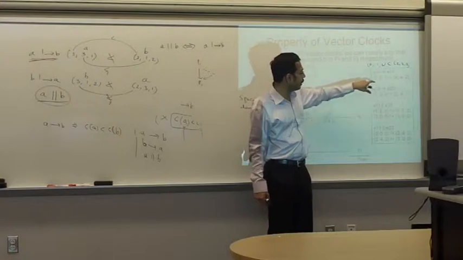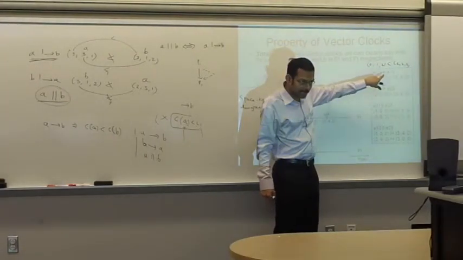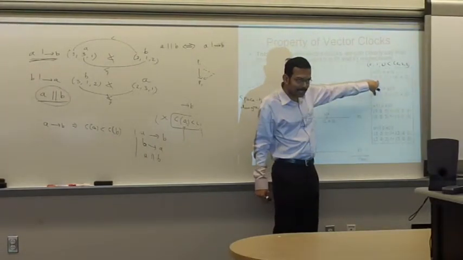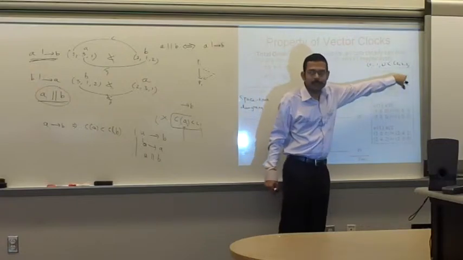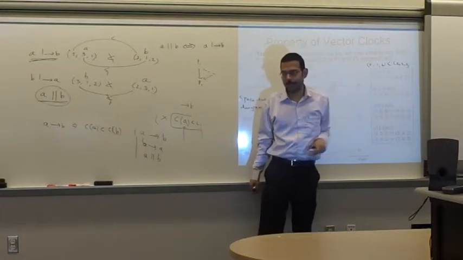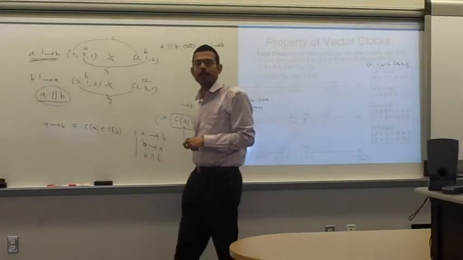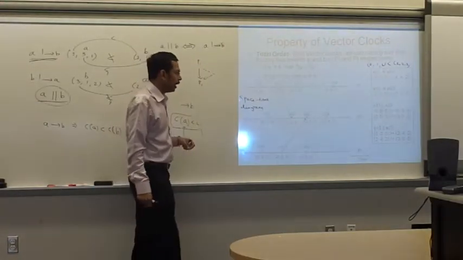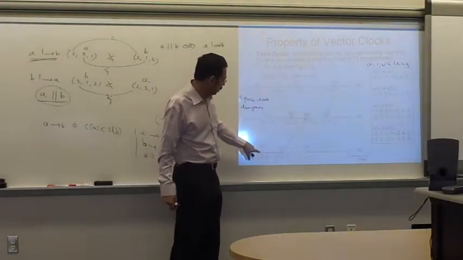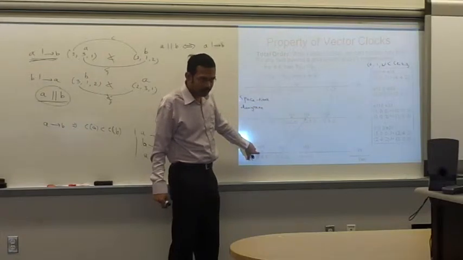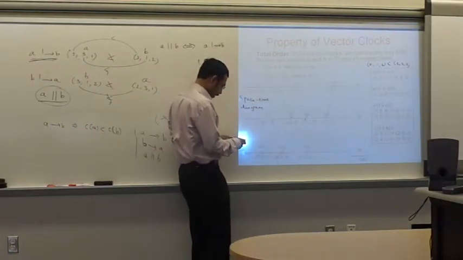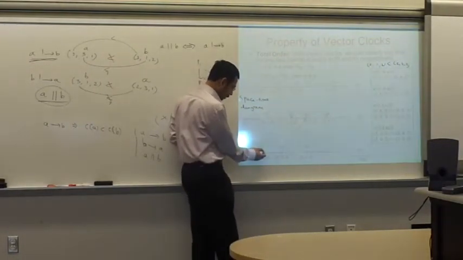So we can definitely say the event associated with this timestamp happened before the event associated with this timestamp. And you can verify it. How can you verify it? Let's do that. That will lead us to the subsequent topics.